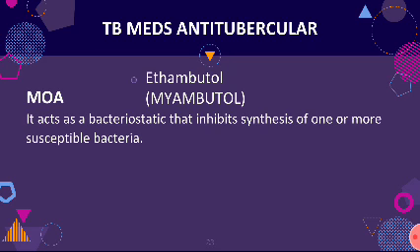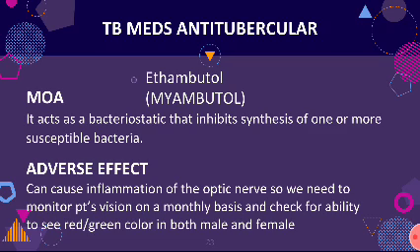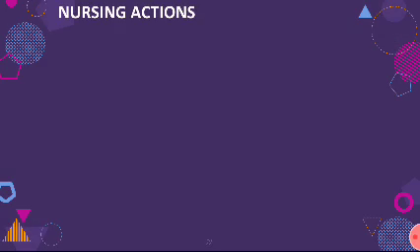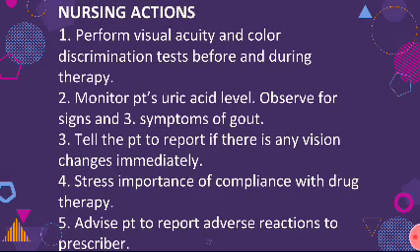So the major adverse effect of this drug is it can cause inflammation of the optic nerve. So we need to monitor patient's vision on a monthly basis. So the nursing management of this is to perform visual acuity and color discrimination tests before and during therapy, because ethambutol is the first-line treatment for tuberculosis, but the major adverse effect of this drug is optic neuritis.